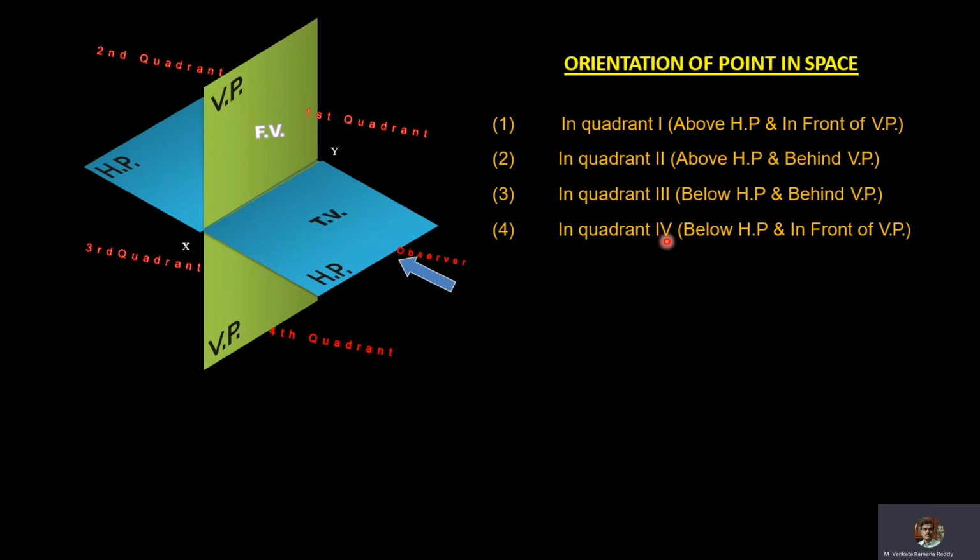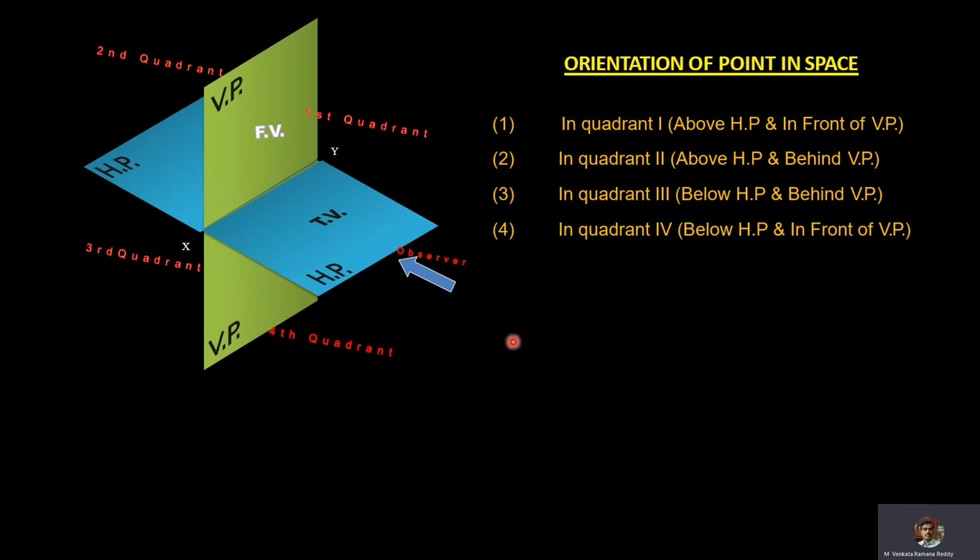Fourth case, point is in the fourth quadrant. Suppose the point is in the first quadrant, we say that the point is above HP, in front of VP. Point in the second quadrant: above HP, behind VP. Point in the third quadrant: below HP, behind VP. Point in the fourth quadrant: below HP, in front of VP.